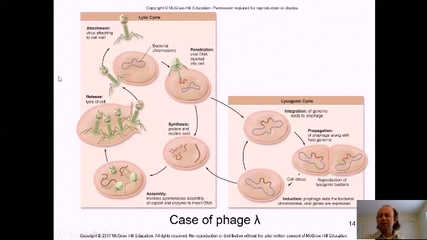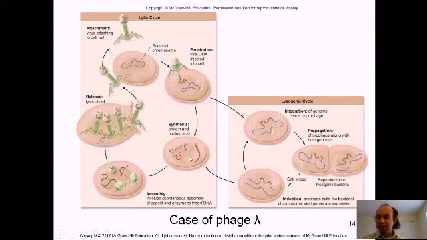So the lytic cycle is what you already have seen in the previous slide. Here, the phage is attached to the bacteria, and it starts to replicate. Well, first of all, it penetrates, and the viral DNA is injected here.